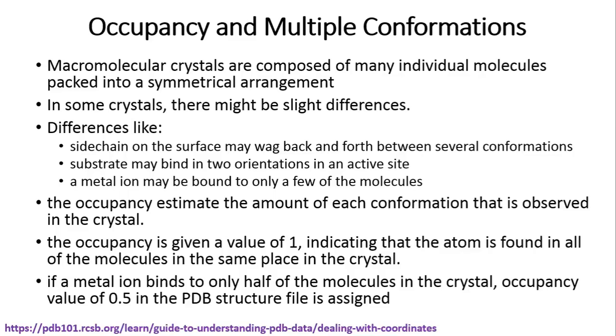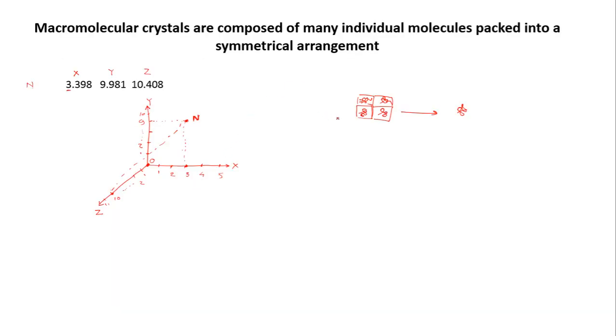Okay, it can also happen that metal ions may be bound to only a few of the molecules in your crystal. Say, for example, out of 100 protein molecules present in the crystal, it is possible that the metal ion is bound to only 50 molecules, and 50 molecules remain unbound from the metal ions, right?